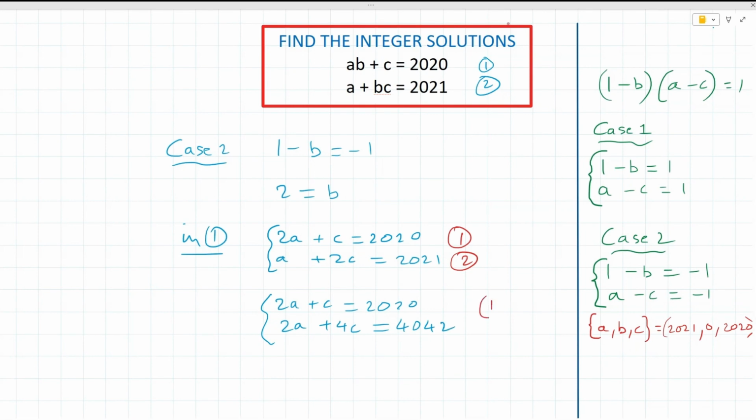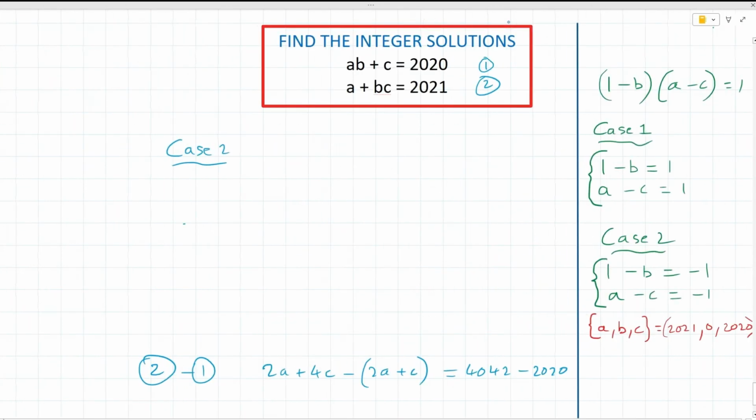So the first line is the same one, and the second line is going to be multiplied by 2. So if we subtract line 1 from line 2, we're going to get 2a plus 4c on the left-hand side minus 2a plus c, and on the right-hand side, we'll get 4042 minus 2020.